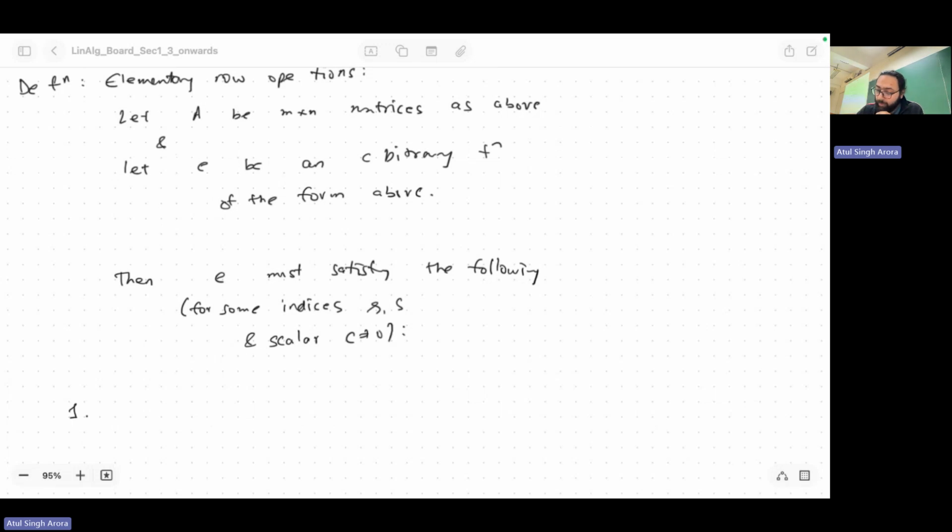The map is the following. E of A_ij is A_ij for all i different from r. And it becomes A_rj plus C times A_sj if i equals r. Is that good? It's just formally writing down.